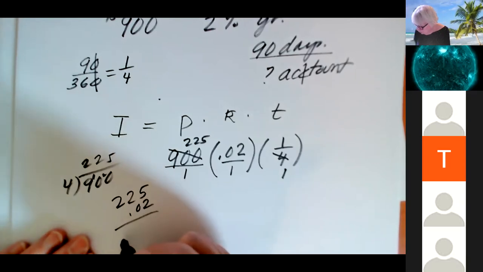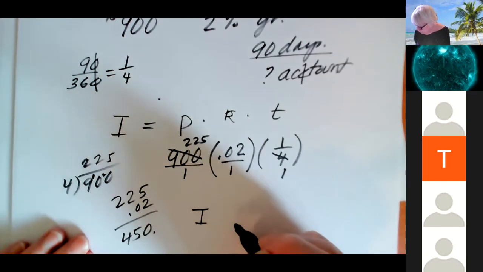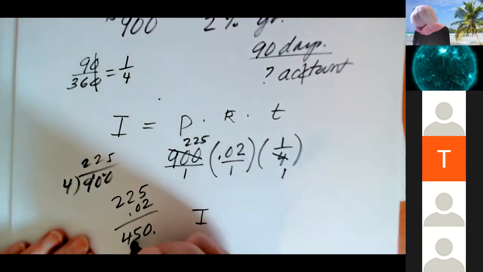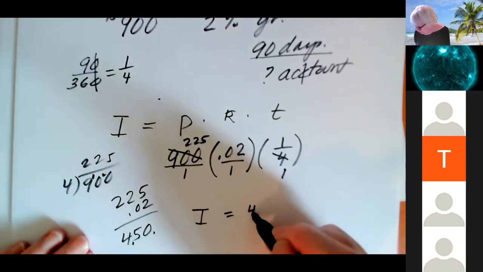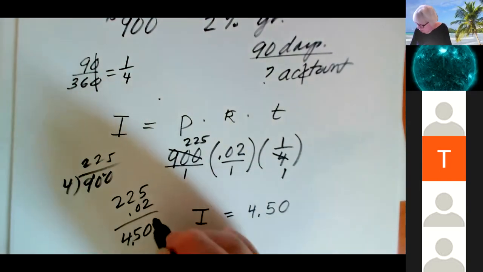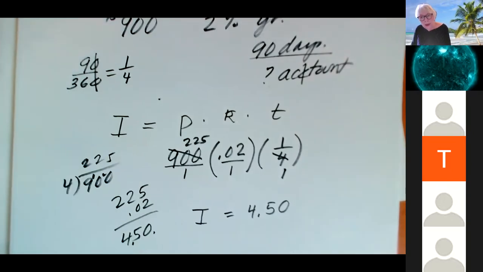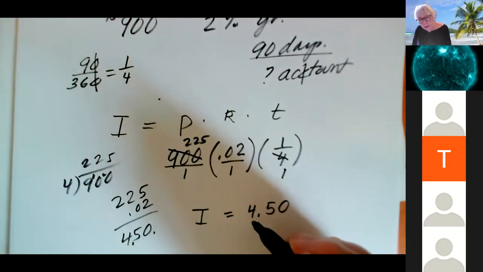And that's 4.50. Wait a minute. This is 4.50. In 90 days, we earned $4.50.